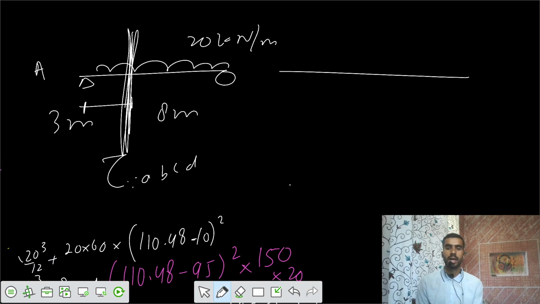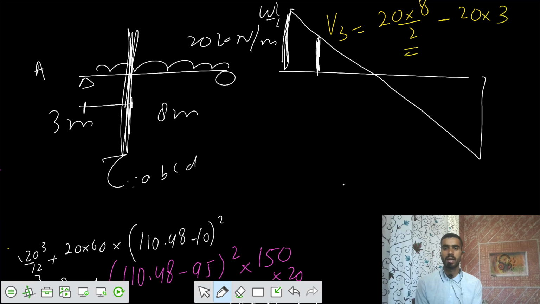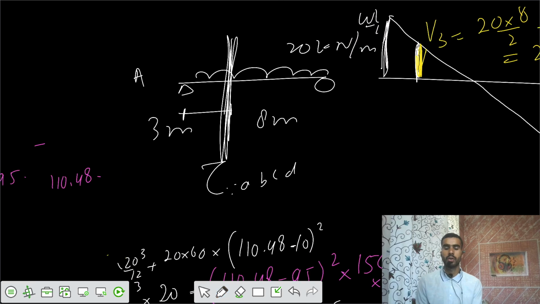Let's say the shear force at the support is WL by 2, and it is linearly varying. The shear force here would be V3 equals W times L by 2 minus W times X, that is 80 minus 60. That's 20 kilonewton.